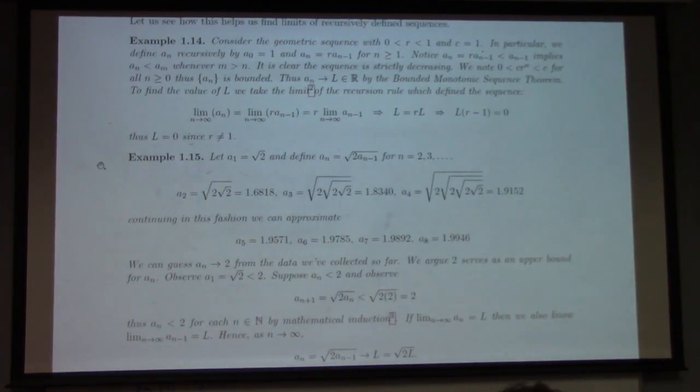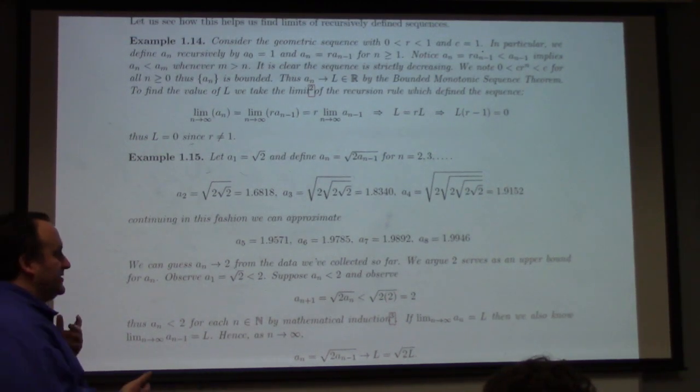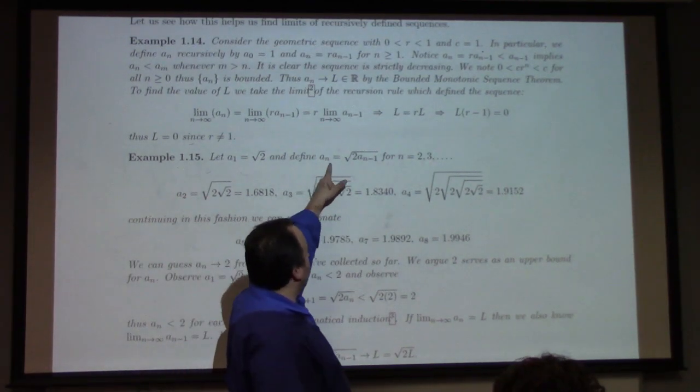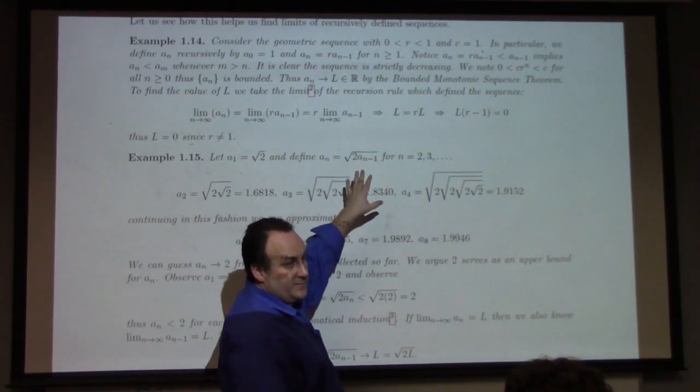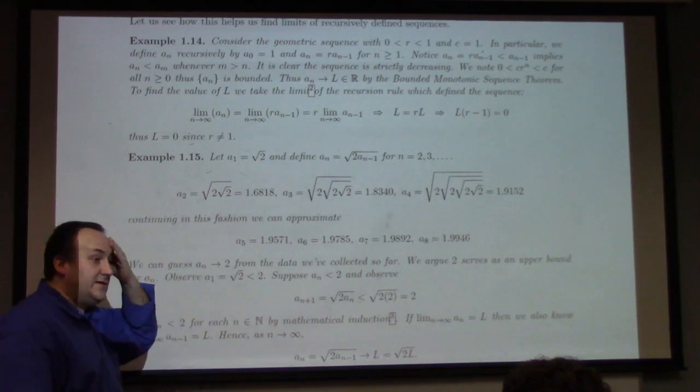As I should mention, as I'm working a homework problem, if I don't have an intuition about the nature of the sequence, the first thing I do is get a calculator out and start crunching some numbers to see what happens, all right? This one's defined kind of weirdly. A sub n is the square root of 2 times a sub n minus 1, right? So this is a recursively defined sequence.